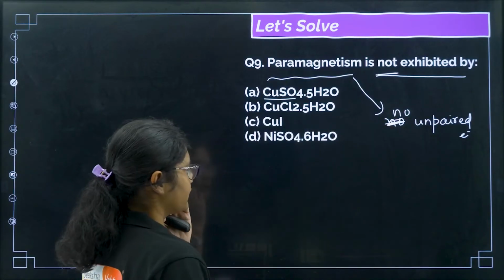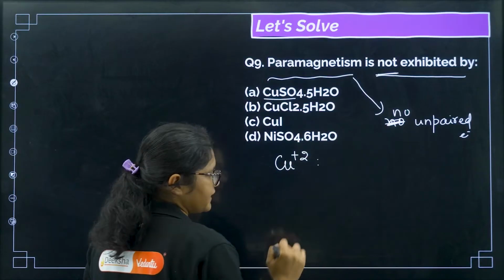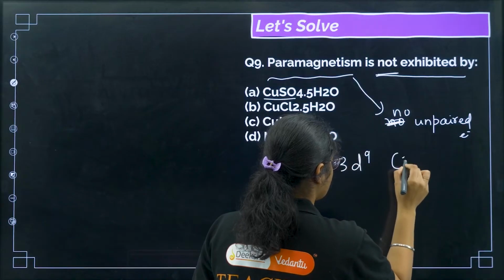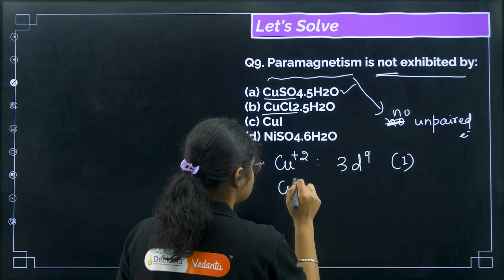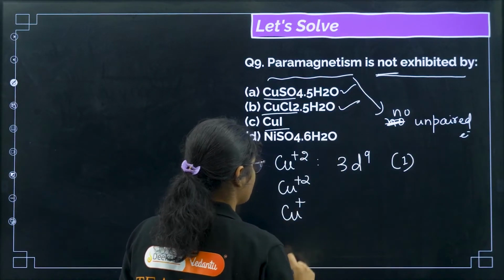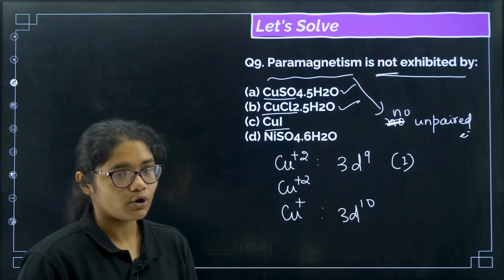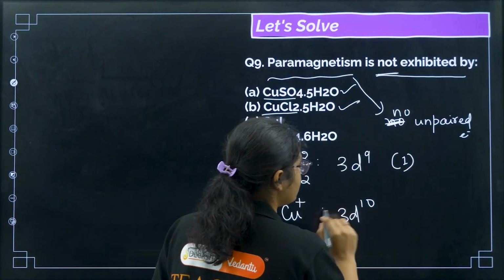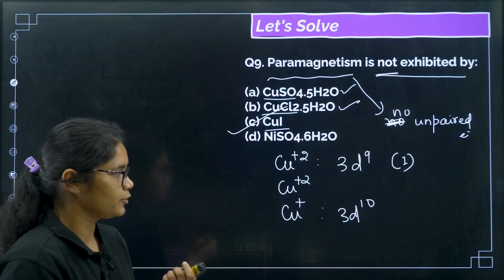Now copper 2 plus, in CuSO4 it is Cu+2, and the Cu+2 configuration is 3d9, which has one unpaired electron, so it will show paramagnetism. CuCl2 is again +2, so it will show paramagnetism. Copper I, Cu+ electronic configuration, as we have just seen, is 3d10. There will not be any unpaired electron here, so the molecule will not show paramagnetism. The correct answer for this question will be option C.